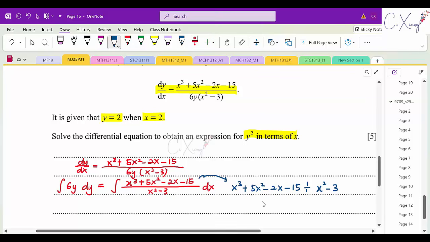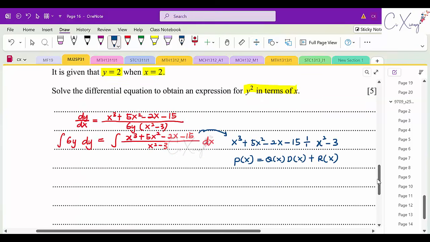Alright, and like what I told you just now, we are having this general equation, right? The polynomial equals to quotient multiply with divisor plus remainder. And now, if I divide every single term here by divisor, then I'll be having Px over Dx equals to Qx plus Rx over Dx.